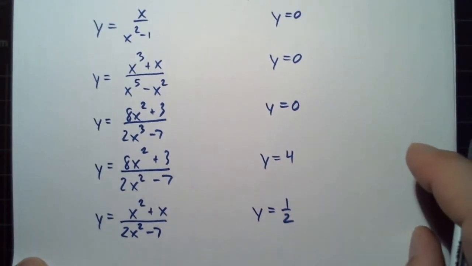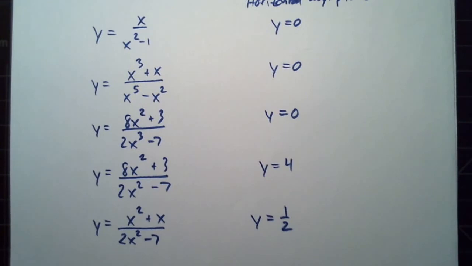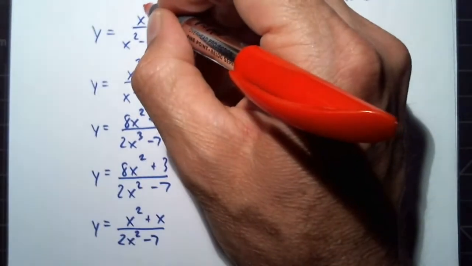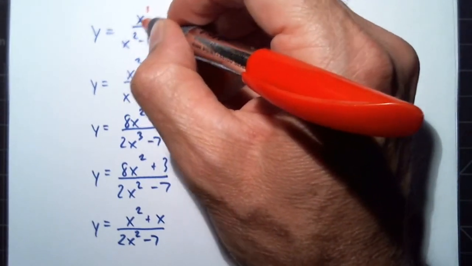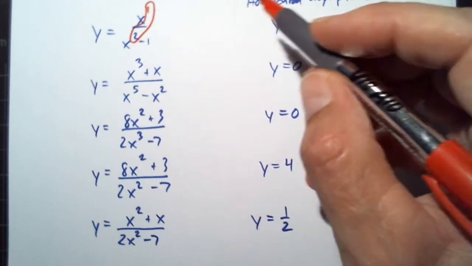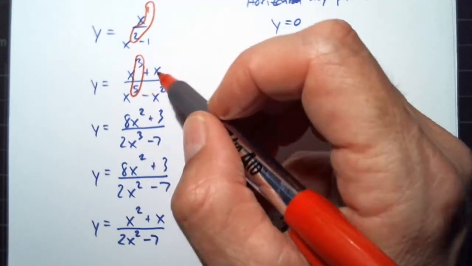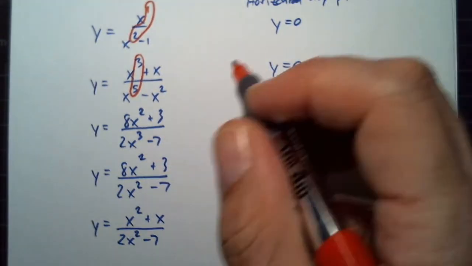So, if you don't remember the rule, here it is. We look for the degree of the numerator and denominator and compare them. So that's a 1 and a 2. We compare these. If the denominator is a higher degree, then it's automatically y equals 0. We compare the degrees. The denominator is higher, so we get 0.